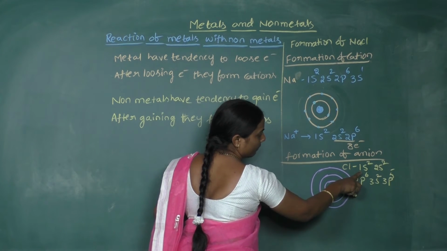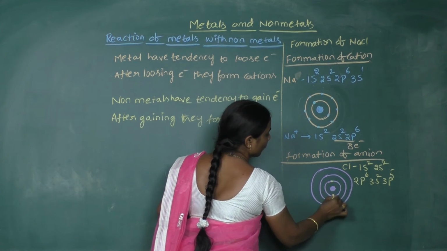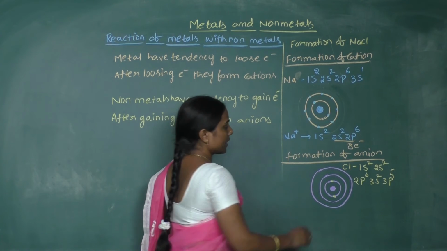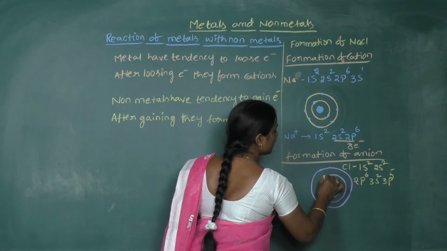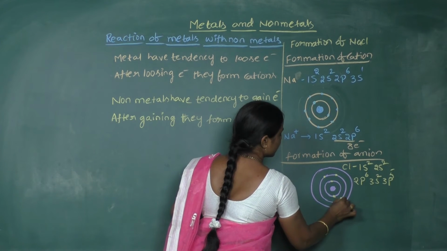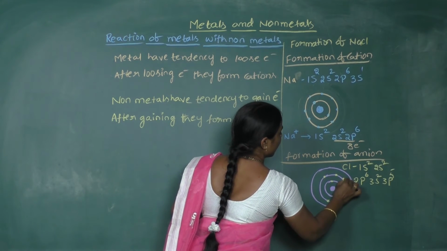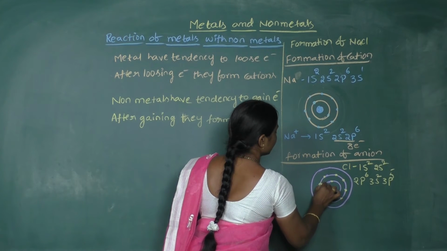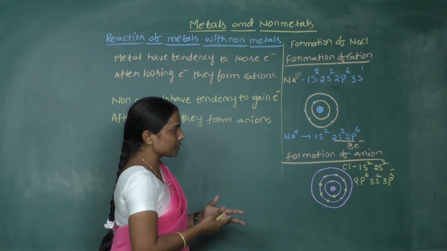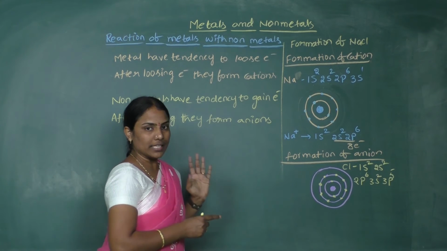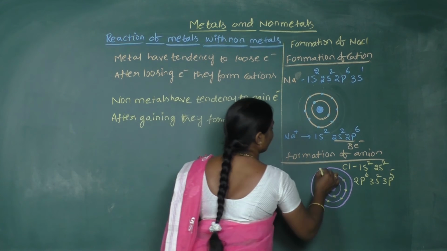In the first shell, there are 2 electrons. In the second shell, 2s2, 2p6, totally 8 electrons. So we have arranged the 8 electrons like this, right? Then in the outermost shell, 2 plus 5 means there are only 7 electrons.